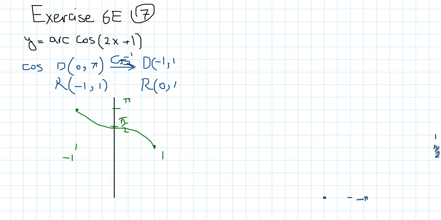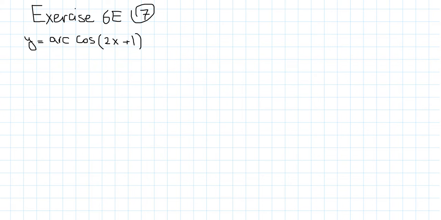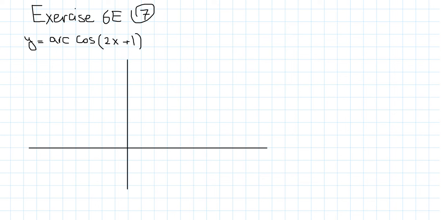Let's erase them. At first I need to draw the graph of arccos of 2x. So arccos of 2x is like cosine inverse of x, and everything in them is the same.